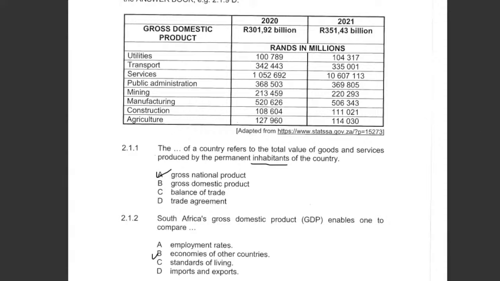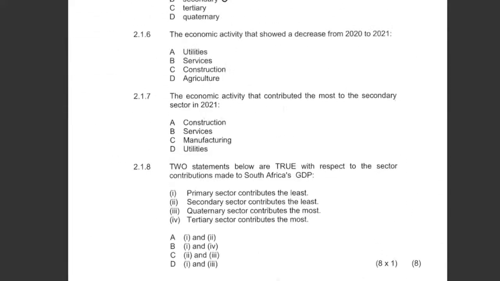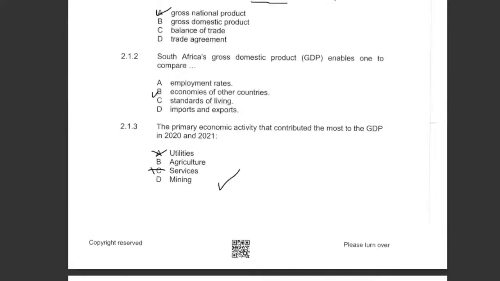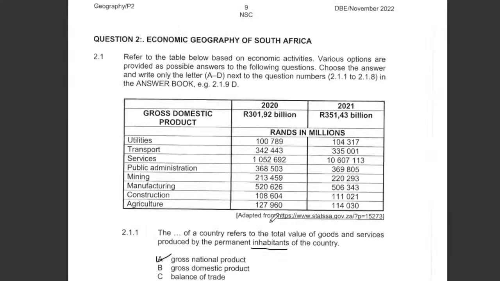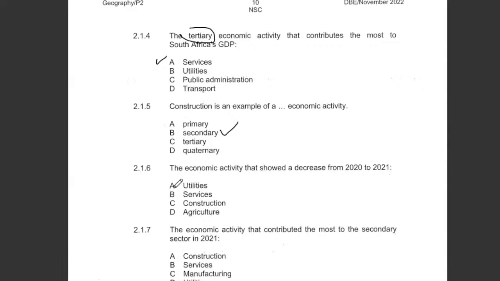So the options that are given here: utilities, service, construction, or agriculture. Let's check here. You can see agriculture from this to this. This one is not there. This one is there. But which one works? So when you look at that, I look at agriculture to be the best option here. Okay.